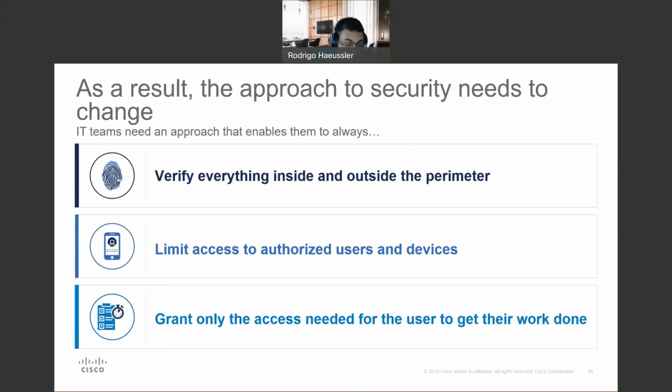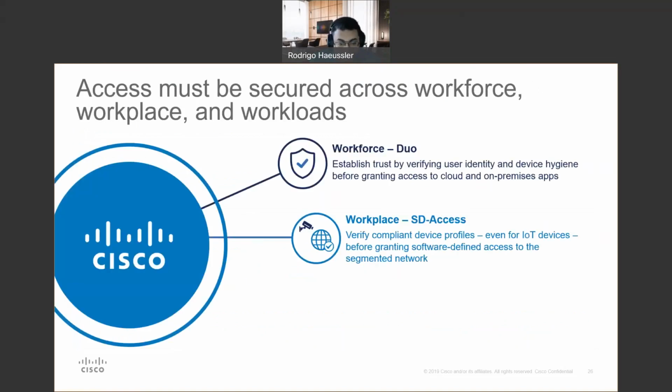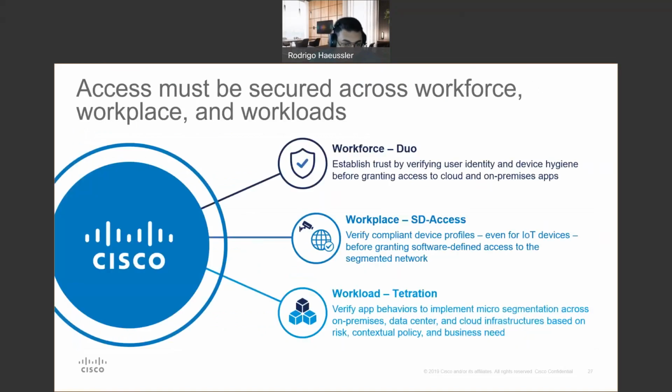Basically, you can time the login to expire very easily, or you can focus on requesting a confirmation every time that the user is actually still using the access, right? So this is how it works.